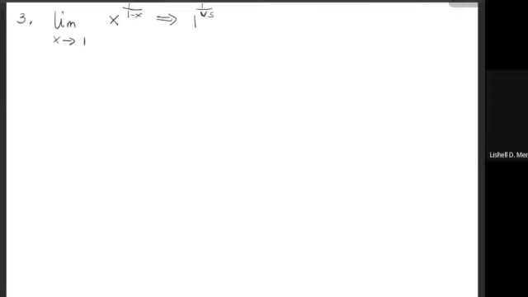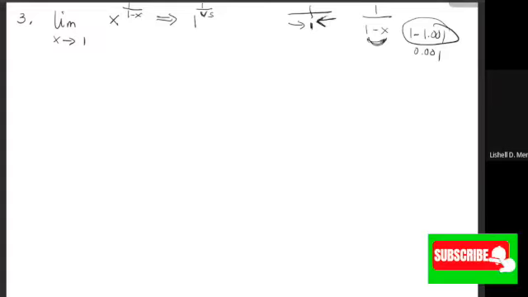Because when your x approaches 1, either from the left side or from the right side, what happens to 1 over 1 minus x? Di ba, the difference becomes very, very small. This difference becomes very, very small.